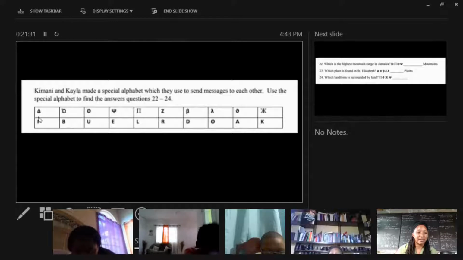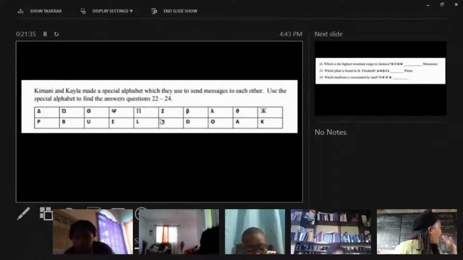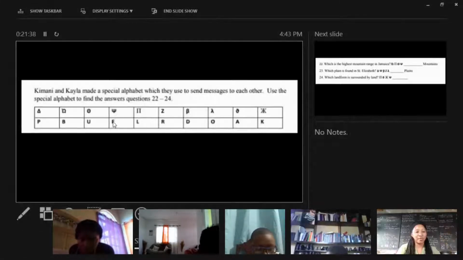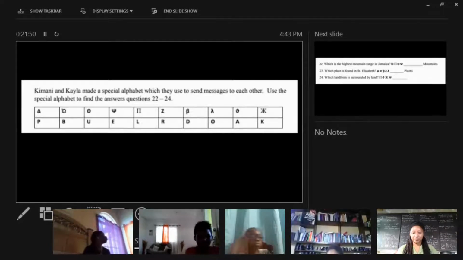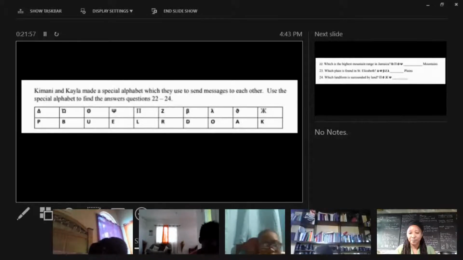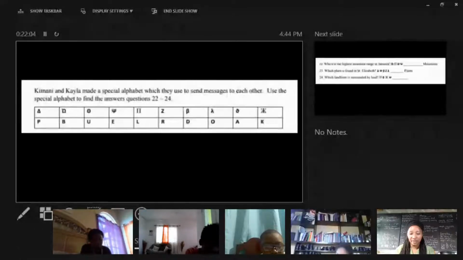The triangle is P, the W is E, and beta is D. So what are you saying for this one? Antoine says the Pedro Plains. Madison says Pedro Plains. That's what I got when I spelled it out as well. So Pedro, that's for 23.